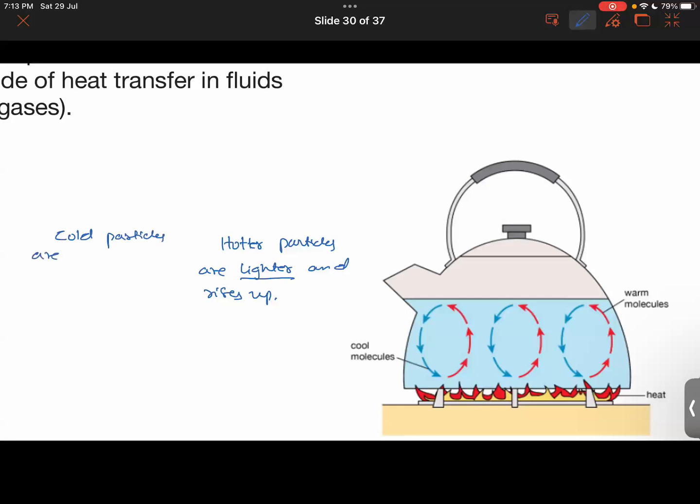Cold particles are heavier, and they tend to fall down because they are heavier. So you see here the cool molecules are falling to the bottom of this utensil, and when they reach the base, they get heated and become hotter particles.